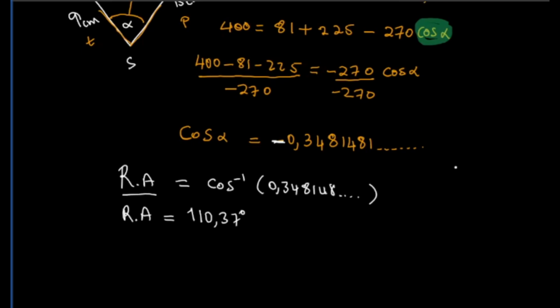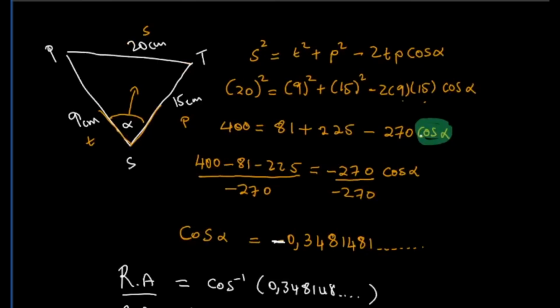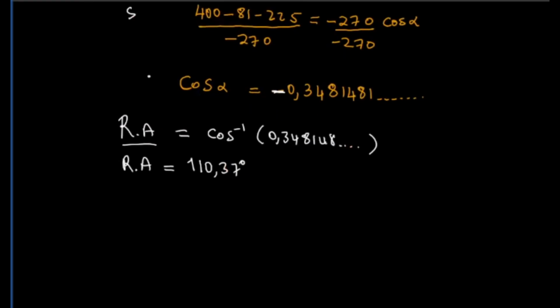Now remember that the angles inside a triangle are less than 180, because when we add all those angles in a triangle, they are less than 180. The negative here tells you which quadrant you need to work on.